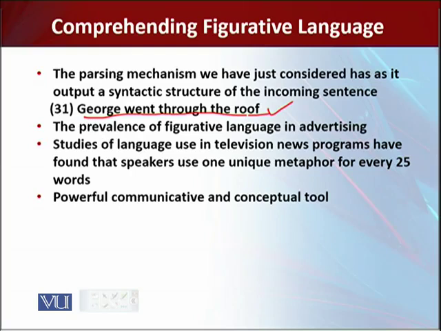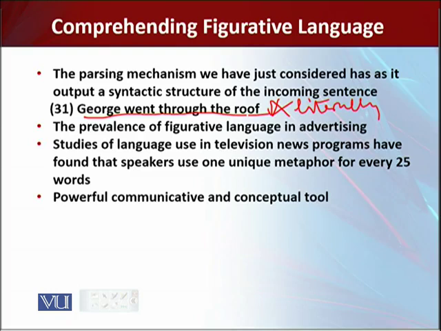Now, when you read this sentence, you will not look at it from the point of view that it's something which has actually happened. This sentence cannot be taken literally. We understand that this means that George was very angry or very furious.